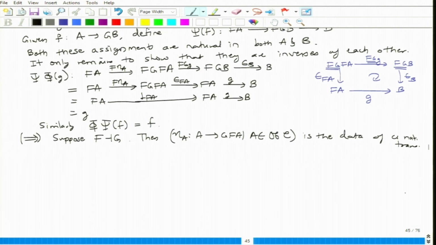Maybe I should write the explanation. For given f from A to A prime, this particular diagram will commute.